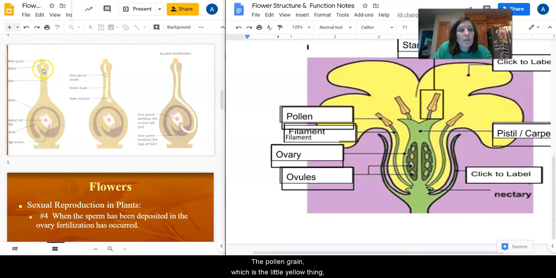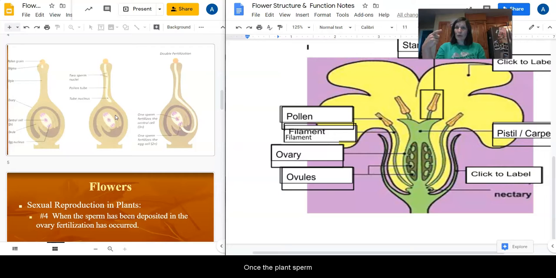It's going to form a pollen tube, and those little plant sperm are going to travel down the pollen tube all the way around the ovary into the bottom where there's an opening, and then it's going to fertilize that ovule. So in this picture, this female reproductive organ, this pistil, only has 1 ovule in there. Over here we have a couple. So this one, the sperm is going to fertilize it.